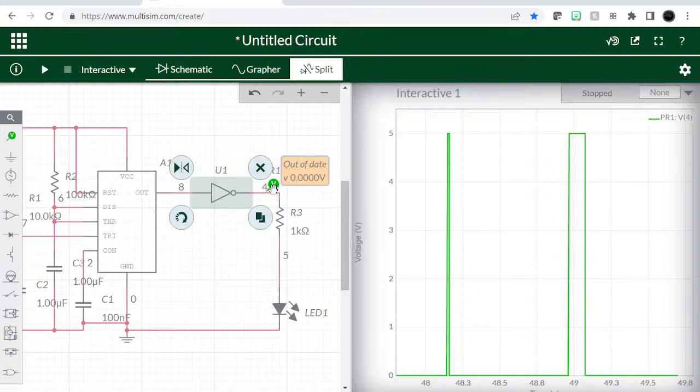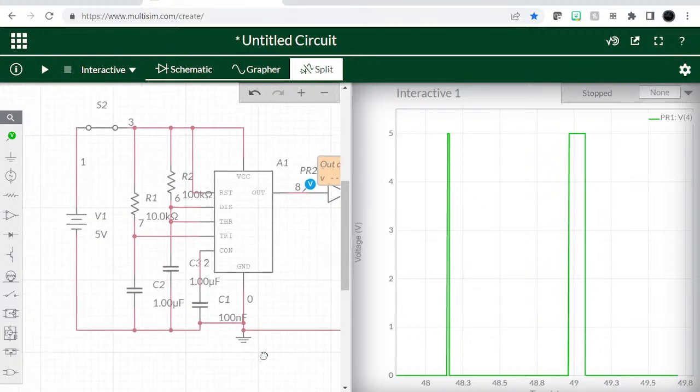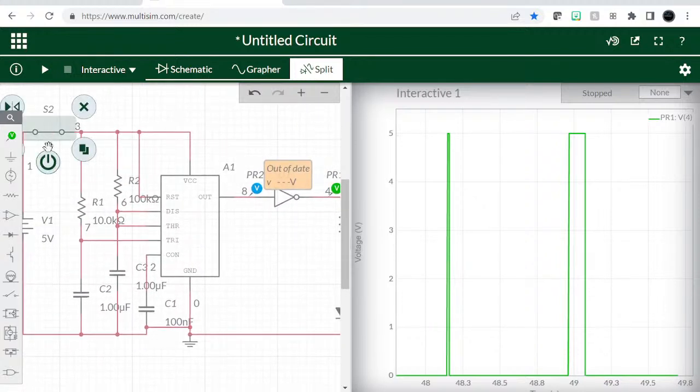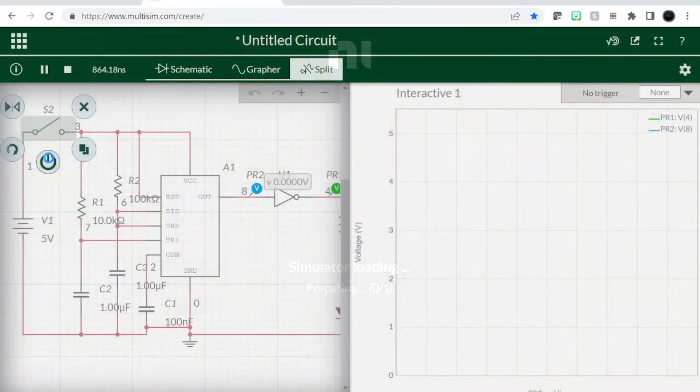I think it's better we have two of these so you can see the opposite nature. So we're going to move this back. Make sure the switch is off. You want to turn the switch off before we start the simulator. You're going to turn the switch back on.